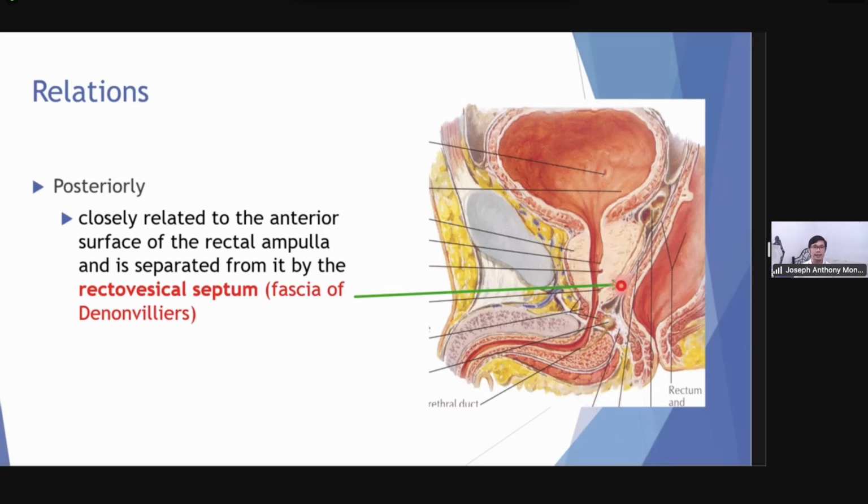So you could appreciate it very much in the clinical setting. Right? So again, posteriorly, the prostate is closely related to the anterior surface of the rectal ampulla, and it is just separated by the rectovesical septum or the fascia of Denonvilliers. So it's just this one.